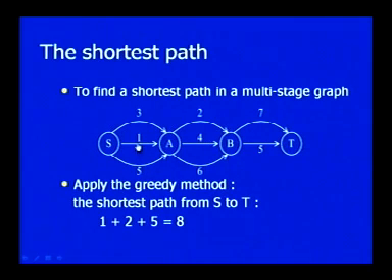I have to choose the minimum, which is 1, therefore I am going from here to here using this particular edge, and then from here I am using this, and then from B I have 2 choices, and I am choosing the best, that is going to be 5. So, the shortest path from S to T is nothing but 1 plus 2 plus 5, which is equal to 8. If you take this particular problem, you can see the shortest path is coming effectively, right.